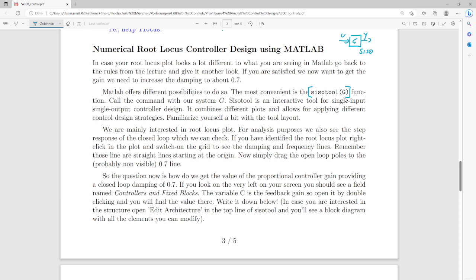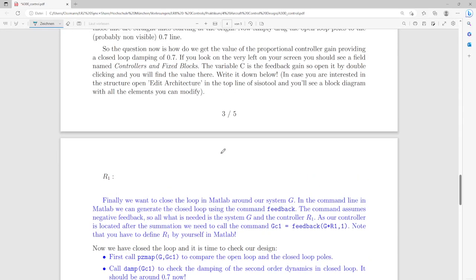I'm just going to read through what I've written here. We also have the step response and the damping, remember those lines. So we can get the proportional control. The idea here is we should find out how to get the proportional gain to increase our damping to 0.7 and then write the controller down.